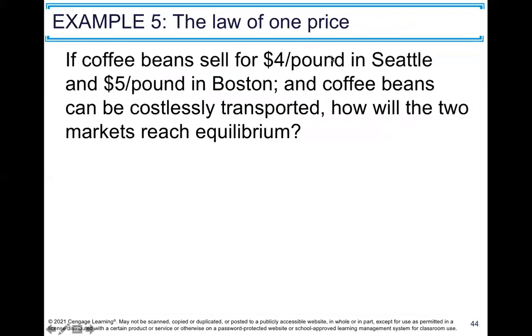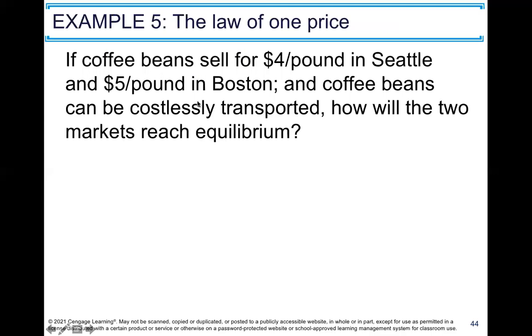If coffee beans sell for $4 a pound in Seattle and $5 a pound in Boston, so that's West Coast, East Coast, and coffee beans can be costlessly transported, how will the two markets reach equilibrium? Based on the law of one price and arbitrage, I can take advantage of the difference in prices. Why don't I buy coffee cheap in Seattle, move it over to Boston and sell it high?